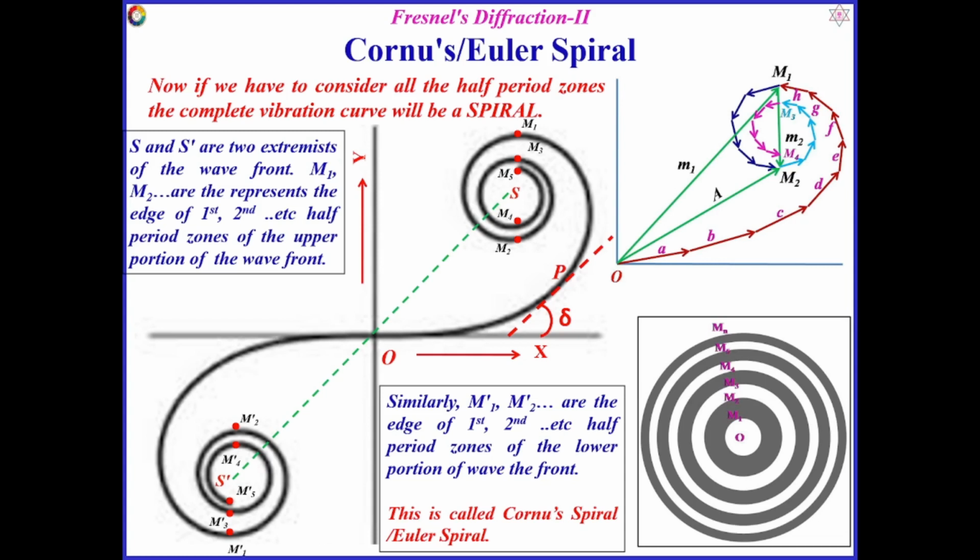In our last video, we discussed in detail the Cornu spiral, the so-called Euler spiral, in our second part video. How this spiral is formed has been discussed in detail. Here you can see S and S dash are the two extremities of the wavefront.